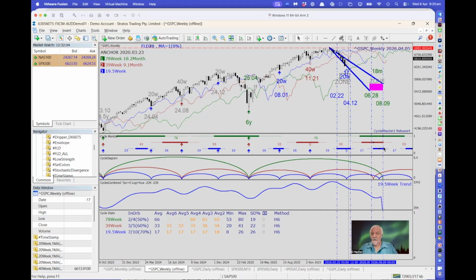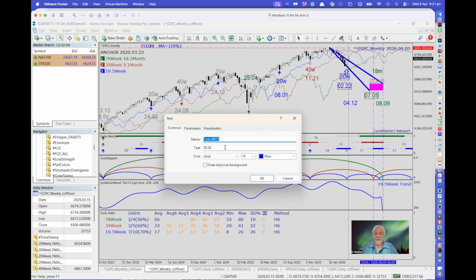So the right-hand side of these two orbs didn't shift, but the left-hand edge of this one did. And let's just get that date. Oh, that's a long way out. And clearly we'll be keeping an eye on this as time goes by. Actually, that zone's done. And that 20-week low occurred in its zone, and that was the 30th of March.